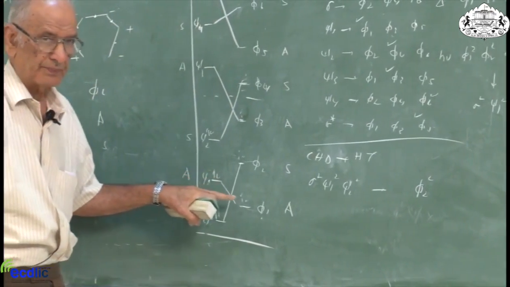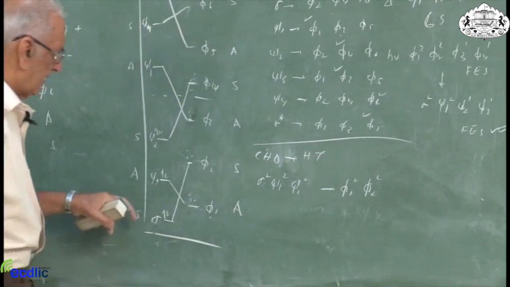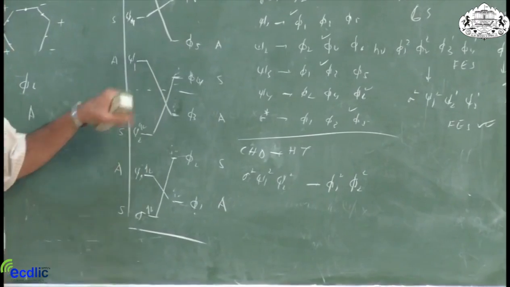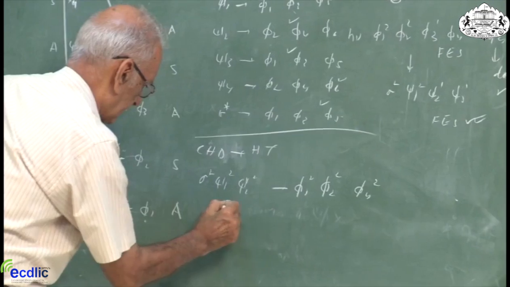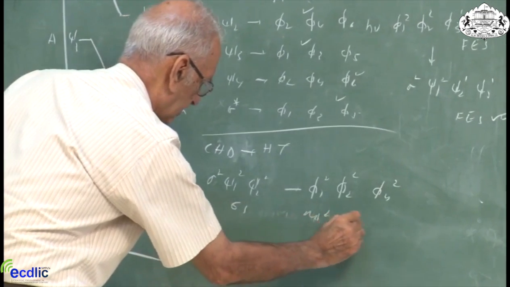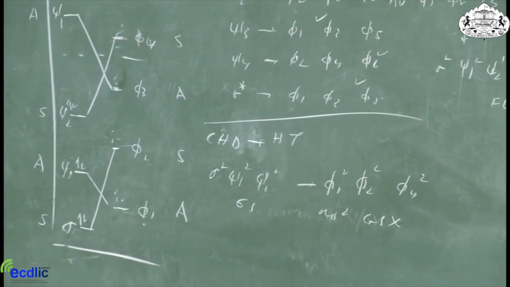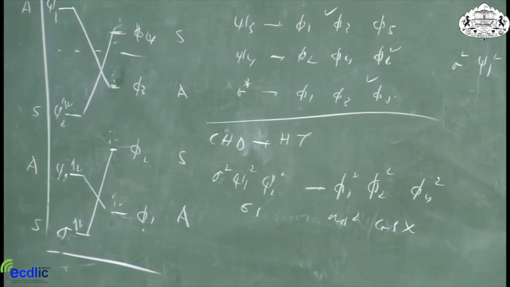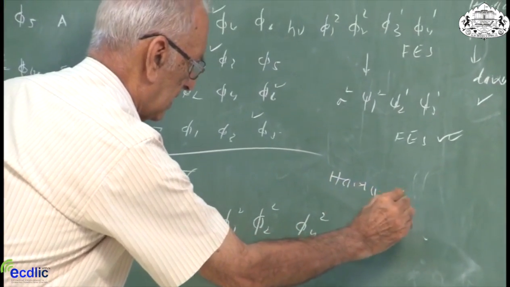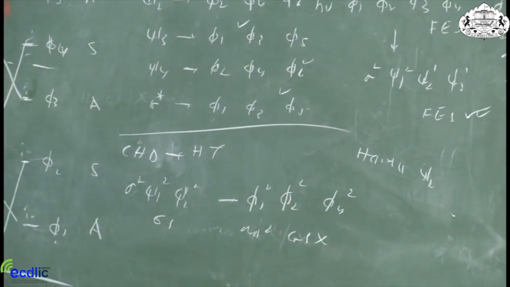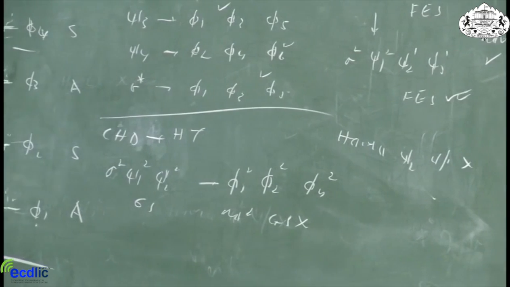Psi 1 2 goes into phi 1 2. And psi 2 2 goes into phi 4. Ground state, this is not the ground state, therefore disallowed. HOMO for this is psi 2. Psi 2 goes up, therefore disallowed.